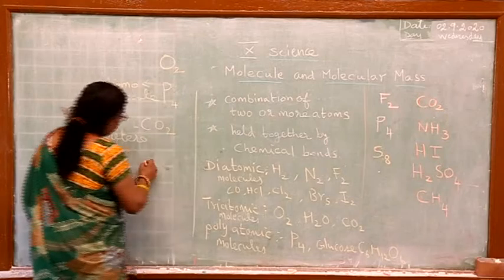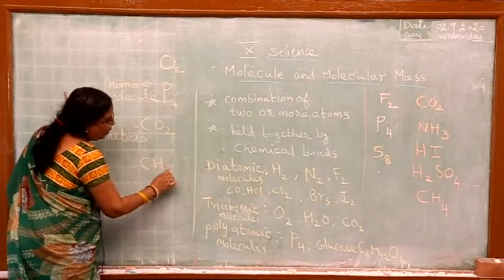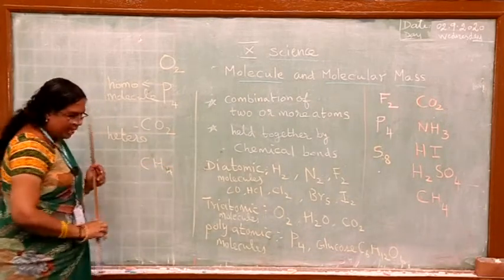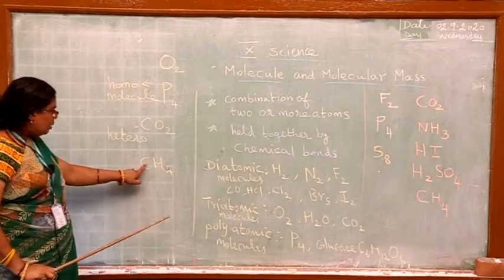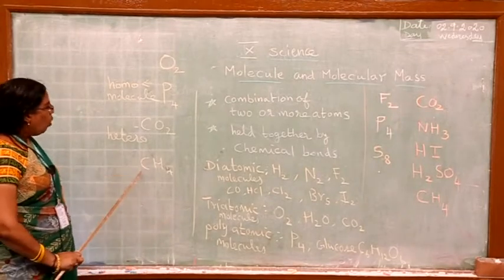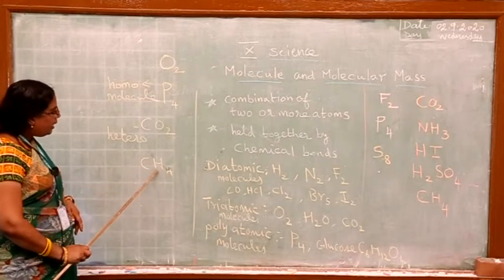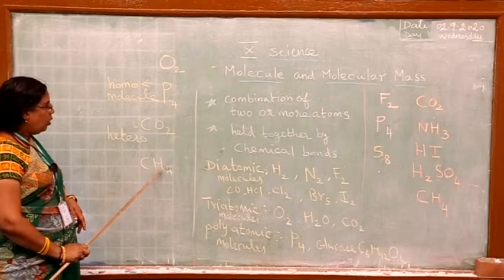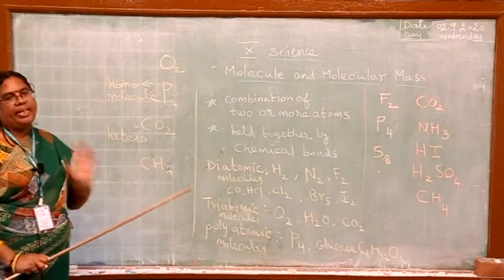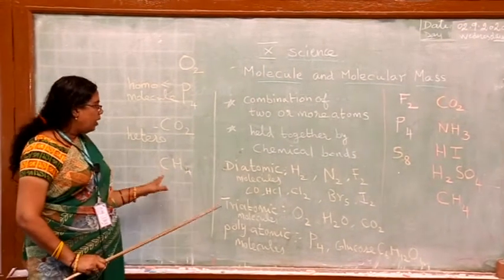But at the same time, take CH4. What is the formula for methane? CH4. This molecule contains one atom of carbon and 4 atoms of hydrogen. Totally it contains 5 atoms. It means more than 3.